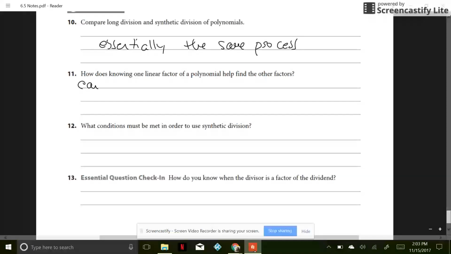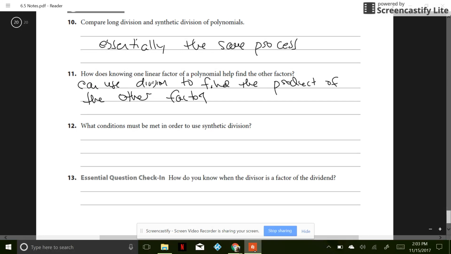Can use division to find the product of the other factors, which may then be factorable. We're always trying to factor as much as we possibly can.